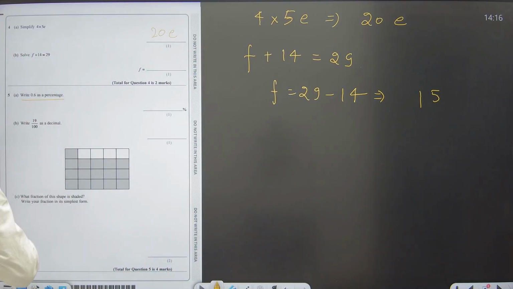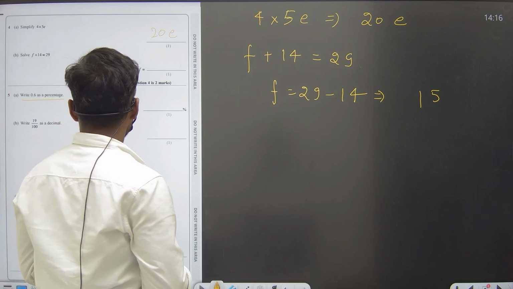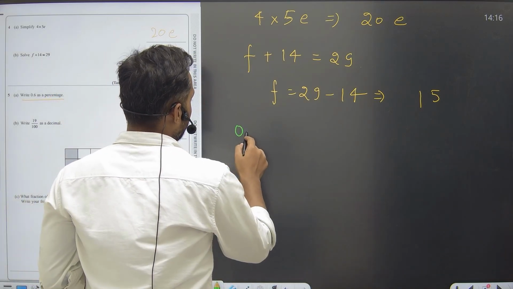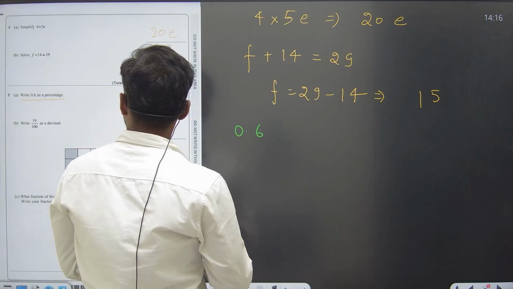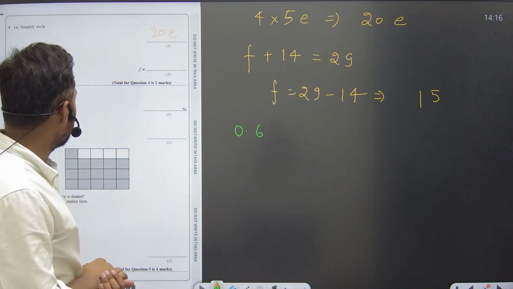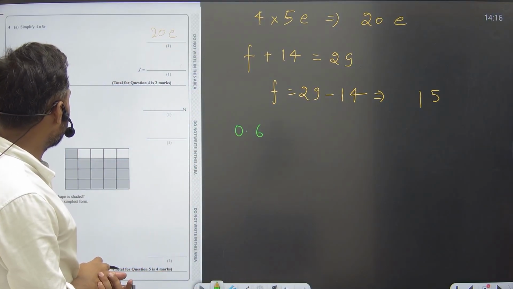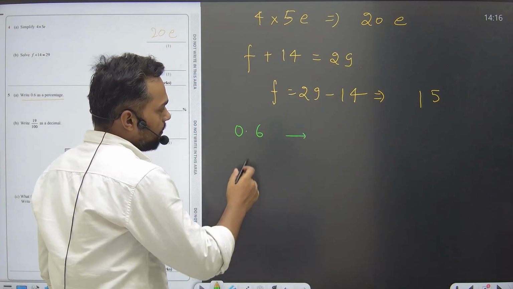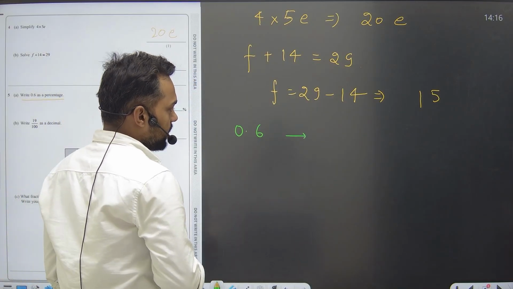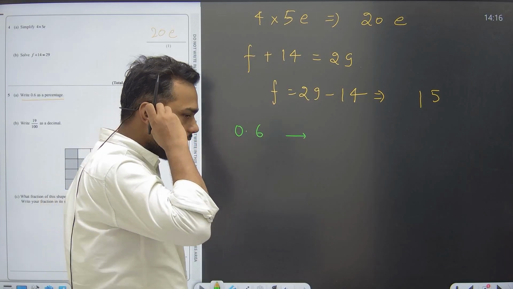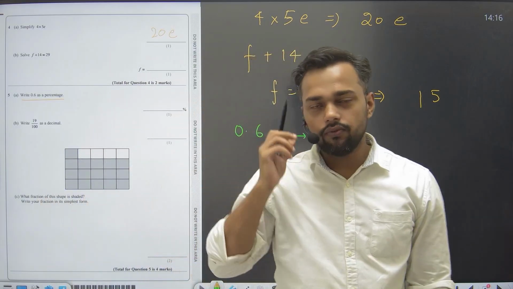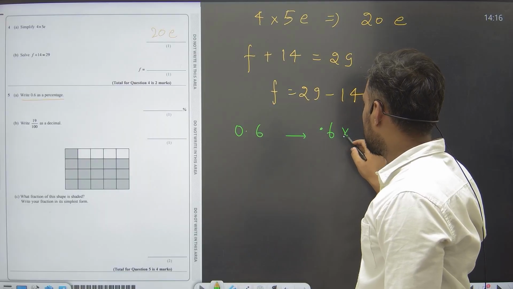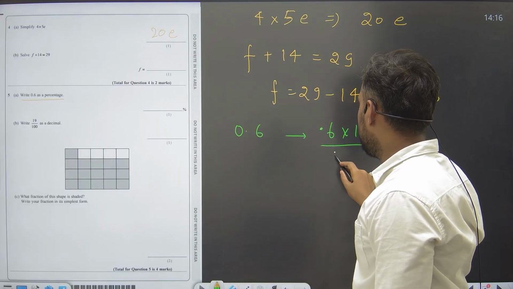Write 0.6 as a percentage. First, what we need to show as a percentage. If I multiply 0.6 by 100 in the numerator and denominator, what will we get? We will get 0.6 cross 100 in the numerator and 100 in the denominator.